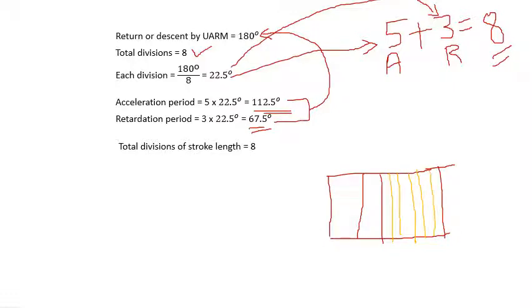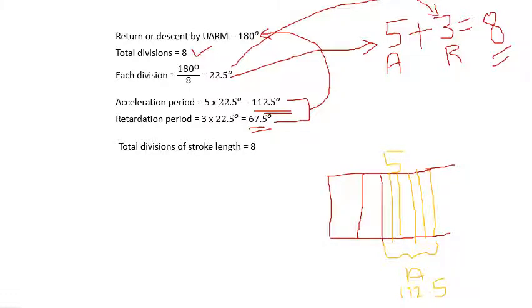This is nothing but the acceleration period, that is 112.5 degree. The next period is 67.5, that is 3 divisions. So this is 5 divisions, whereas the next one is 3 divisions.